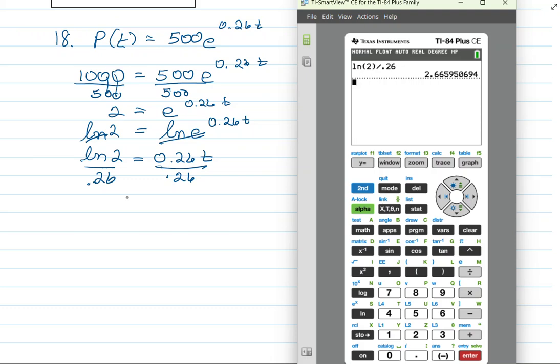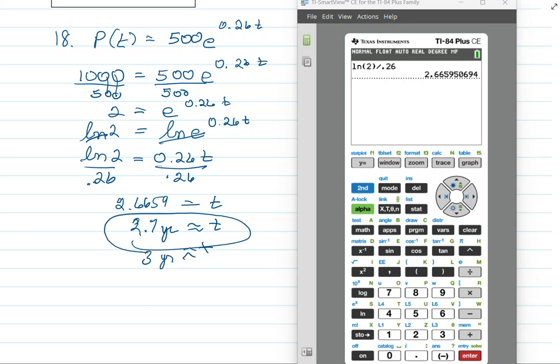And we get... and they want it in after how many years? So we're talking approximately what? 2.7 years? Or we could say 3 years in this case sometimes. But I think that's what they wanted, 2.7. It didn't say to one decimal.